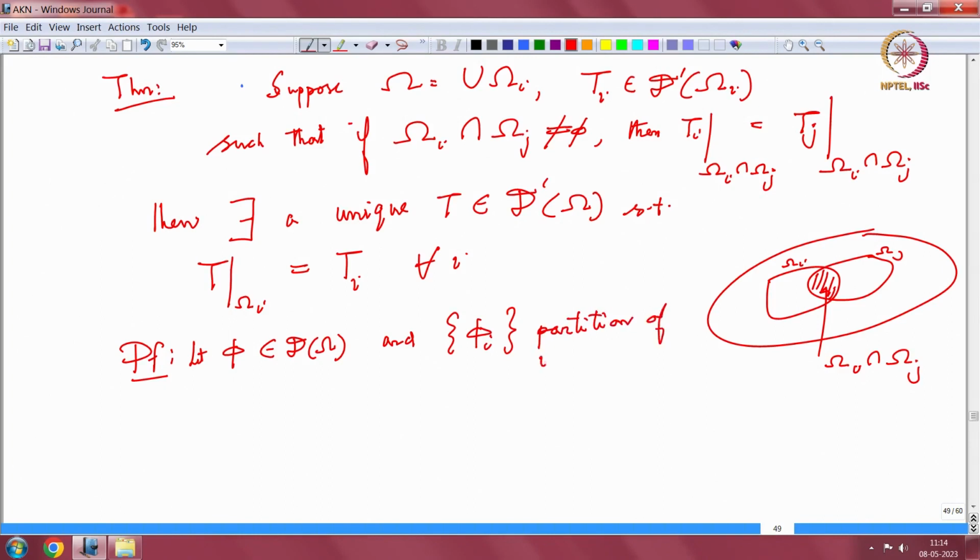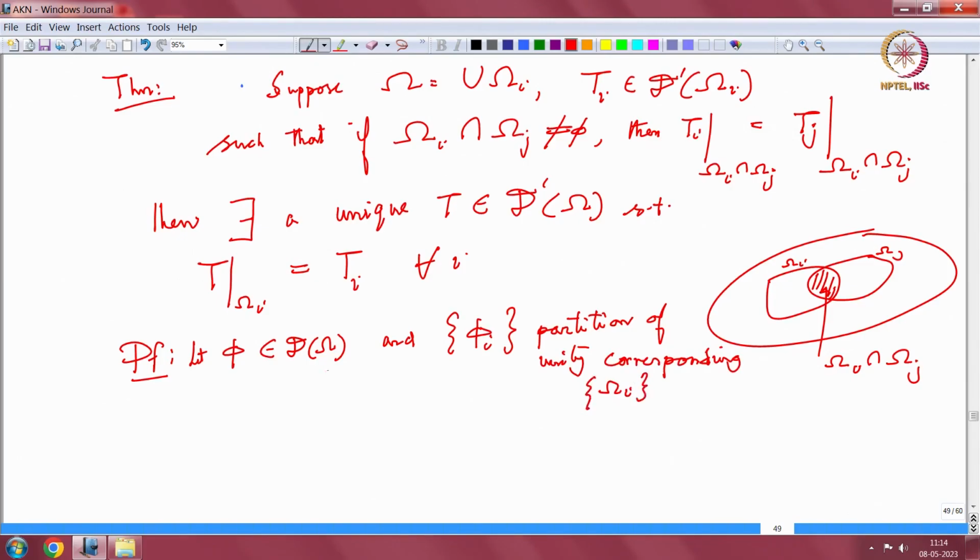There will be many partitions of unity; it need not be unique. Partition of unity is not unique, but our distribution T will be unique. You have to prove the uniqueness, also easy. The partition of unity corresponds to omega I.